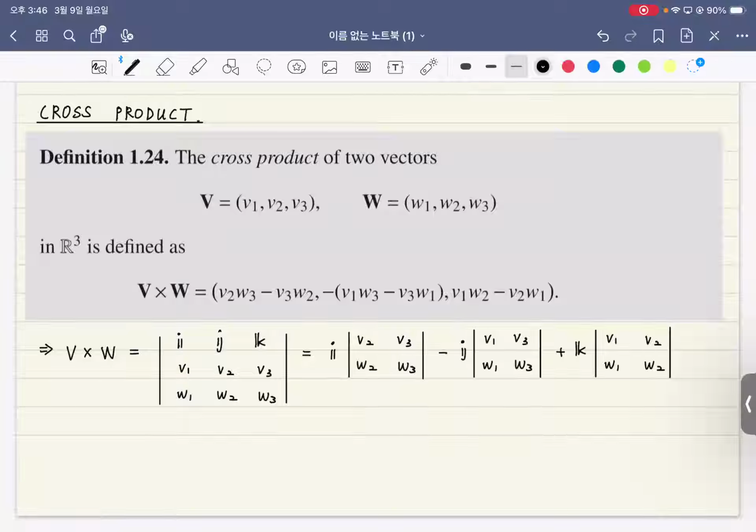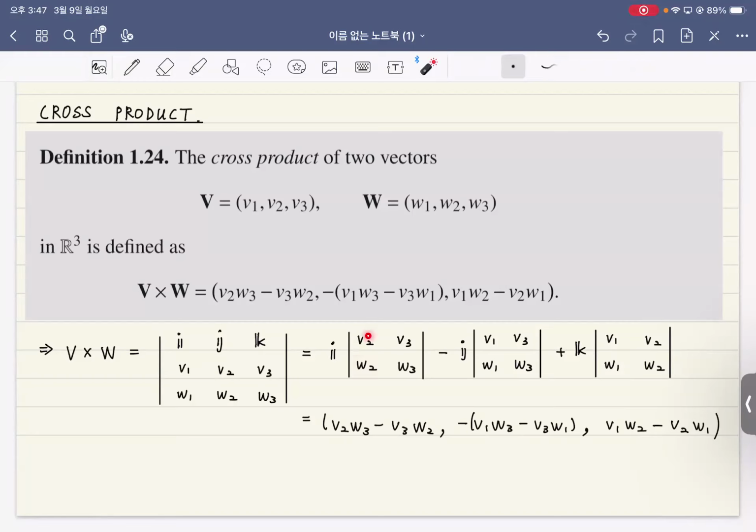Expanding this: v2 w3 minus v3 w2, minus v1 w3 minus v3 w1, and finally v1 w2 minus v2 w1.